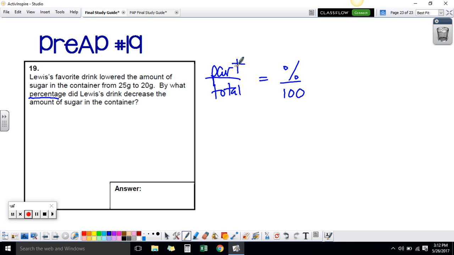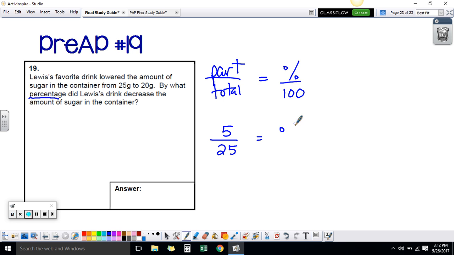Our part is actually how much sugar was dropped. So it went from 25 to 20. So we have dropped 5 grams of sugar out of the original 25 that was in the first container.